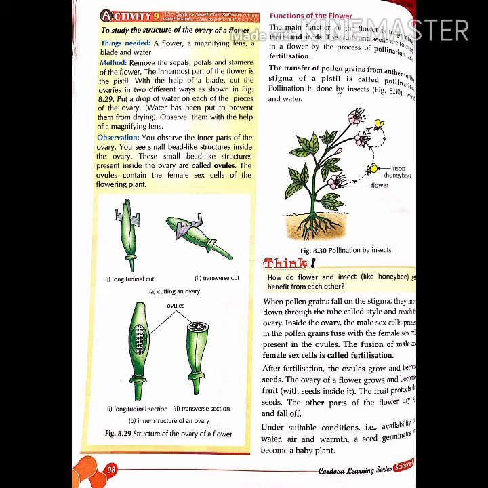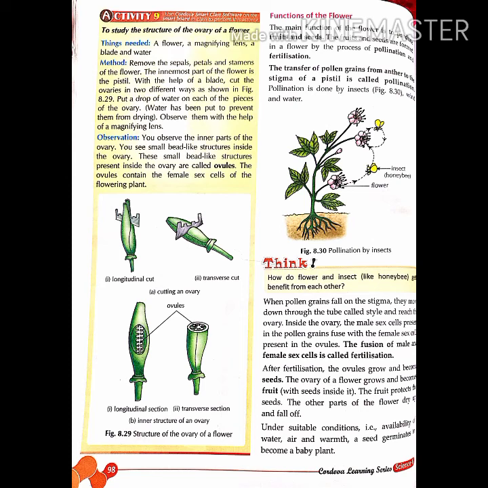This is called pollination, and through the style it reaches the ovules, okay, जो ovary में present है, and the male sex cell fuses with the female sex cell ovule, and the fusion of male sex and female sex is called fertilization. ठीक है, after fertilization what will happen, the ovules present inside the ovary grow and become the seed, and the ovary becomes the fruit, and the rest of the flower will dry up and fall off, okay.